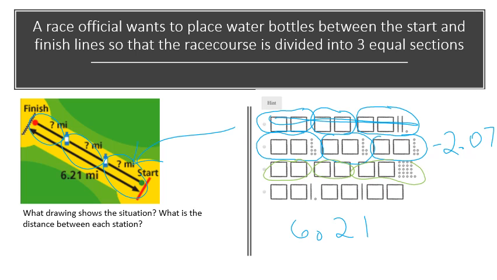Those are not all equal groups, so that one's out too. Finally, we have this situation where it is 2 and 11 hundredths, 2 and 1/10, and 2. Nope. So our correct answer is 2 and 7 hundredths.